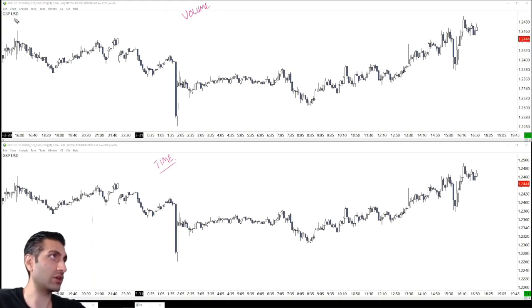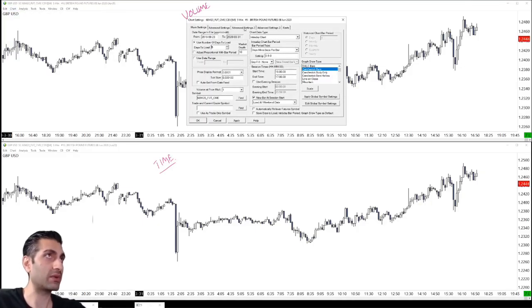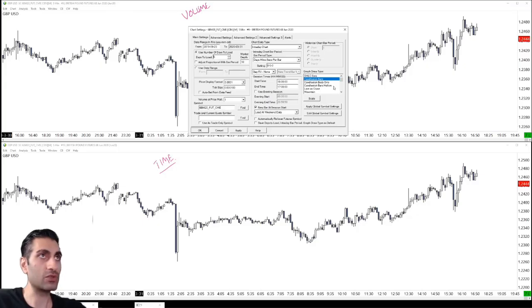Well, you go into chart, click on chart settings, guys, or you can just press F5, and then you'll see all these candlestick types over here. Draw type, don't worry too much about those, it's pretty straightforward. I'll let you have a look at that for yourselves. But the one we're interested in is bar period type. Can you see it says days, minutes, seconds per bar?